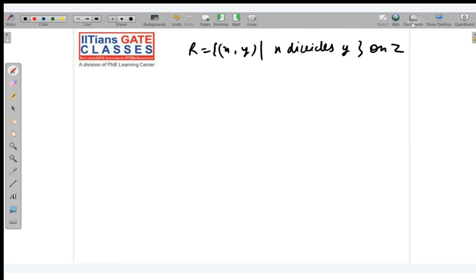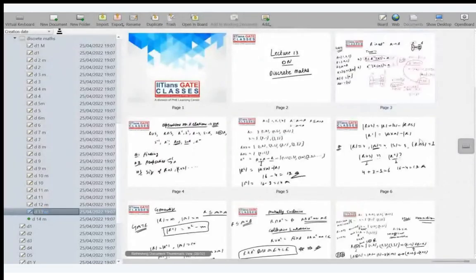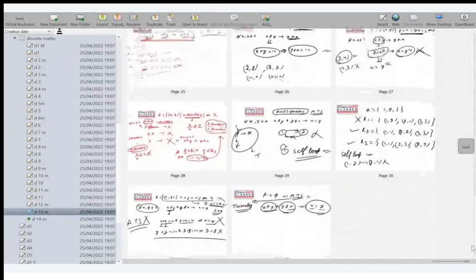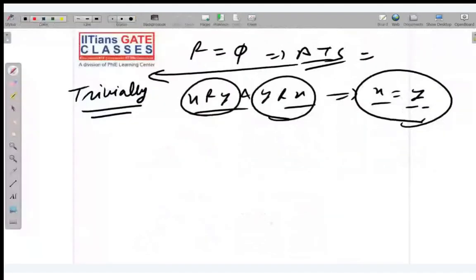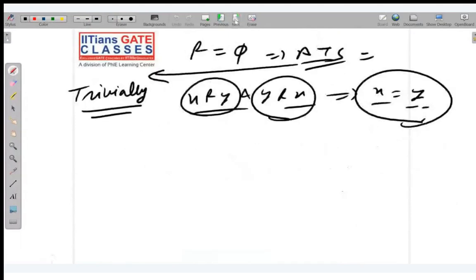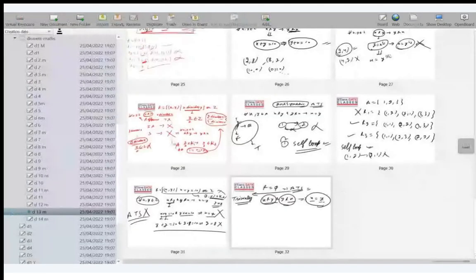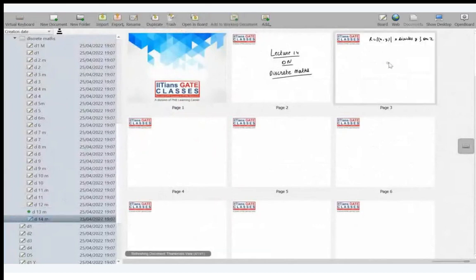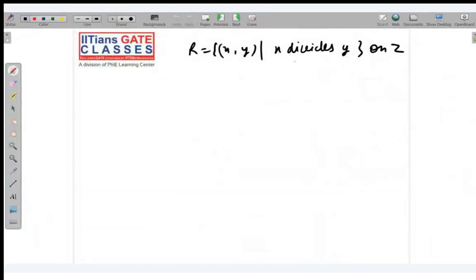We were discussing antisymmetric, sir, not asymmetric. Okay, till now we are on antisymmetric only. So we have to check R = {(x, y) : x divides y} on Z. Is it antisymmetric? We have to check this.